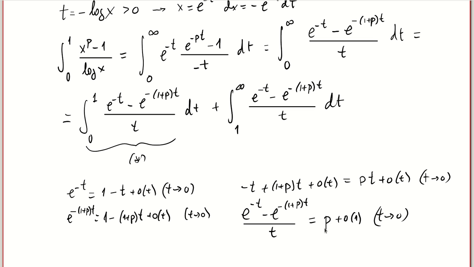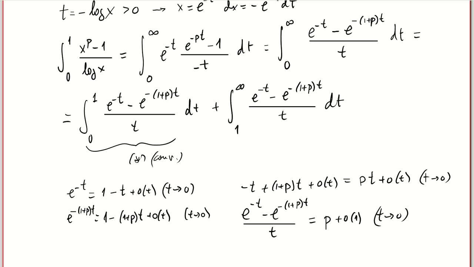It just yields the value p. So actually there's no problem of this function at 0. This is a well-behaved function everywhere in the interval 0, 1. So this is an ordinary Riemann integral. So this integral, of course, converges. No problem. Now let's focus on this one.